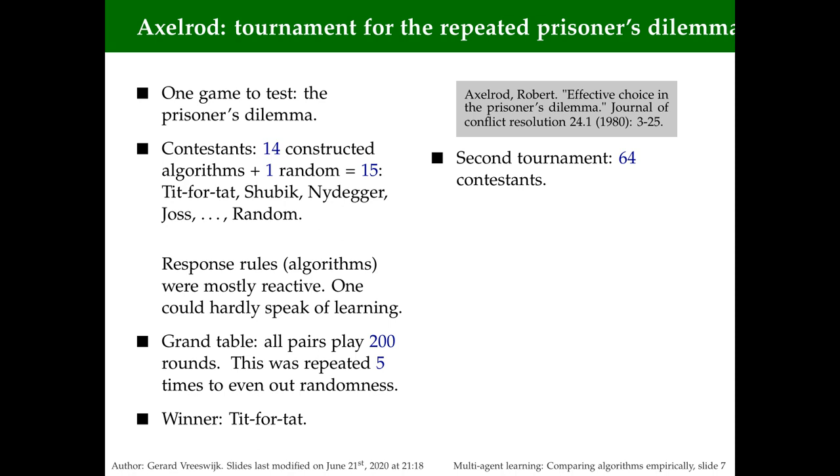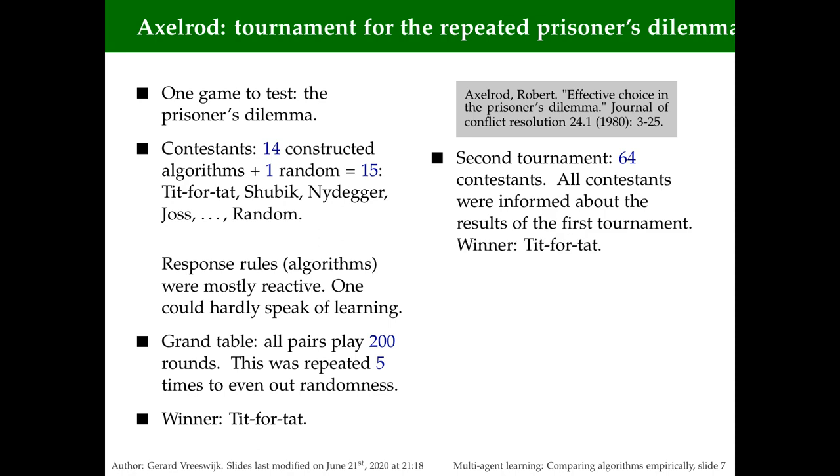So the second tournament accommodated 64 contestants, and all contestants were informed about the result of the first tournament. And again, the winner was tit for tat, which was quite an astonishing result, because tit for tat is a very simple algorithm, and still it outperformed all the other 63 contestants.